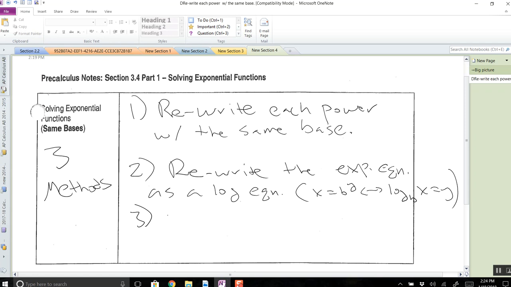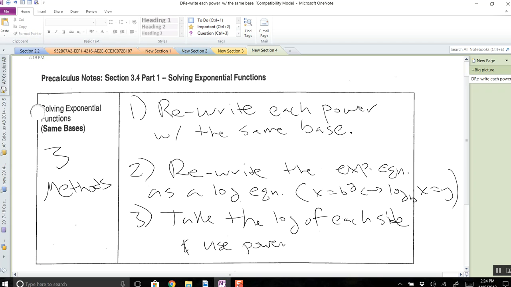And for the last method, take the log of each side and use power properties to move the exponent.